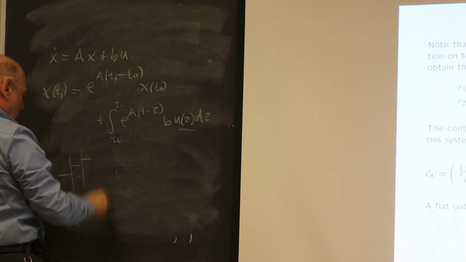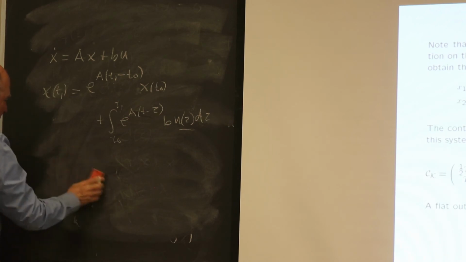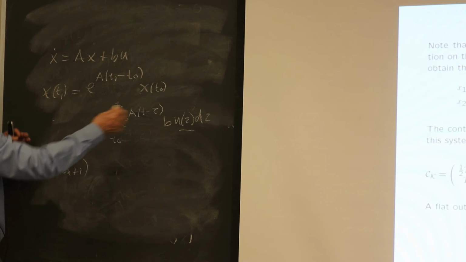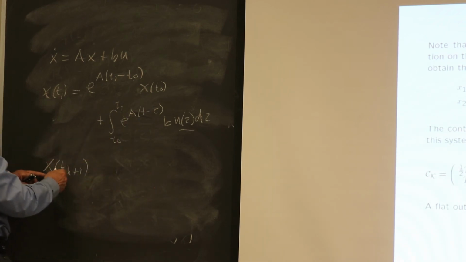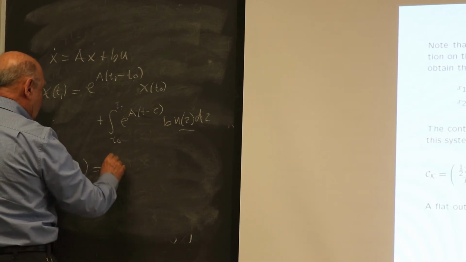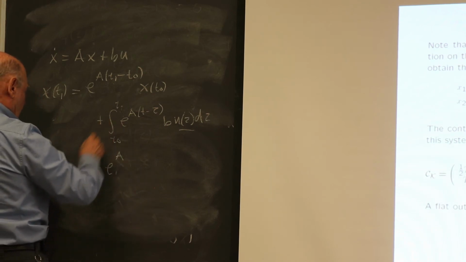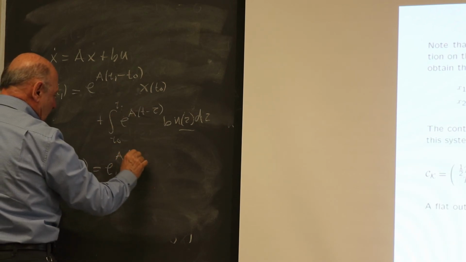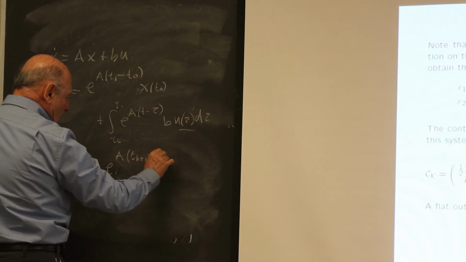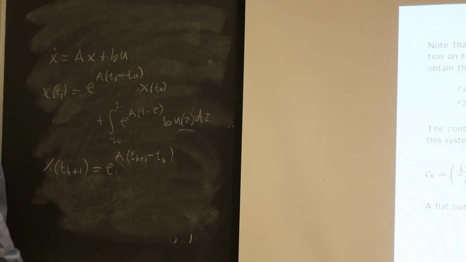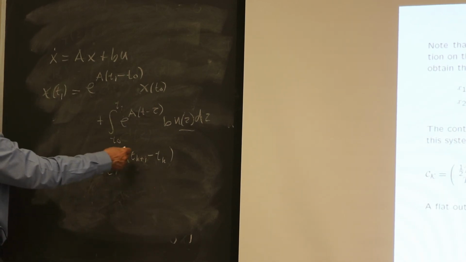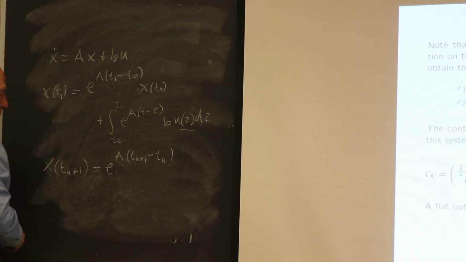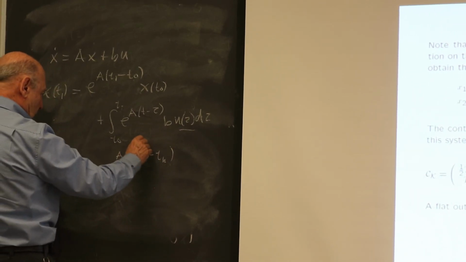Therefore you establish a relation for x of tk plus 1, which is exact, under the assumption that the control is piecewise constant. So the next value of the state is e to the a times tk plus 1 minus tk. We can say that this is a sampling time, the difference between the next sample and the actual sample, and that could be equal to capital T.